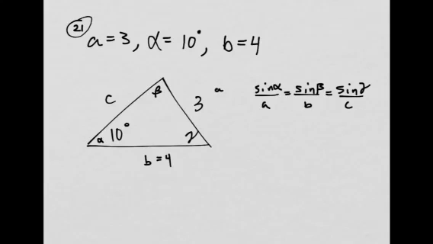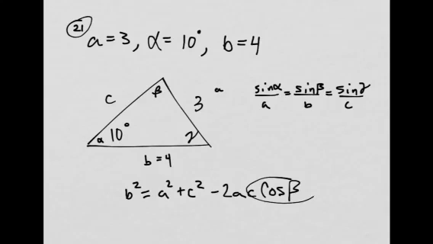So I'd have to use b squared equals a squared plus c squared minus 2ac cosine of beta, and then I'd get this all by itself. However, I don't have c, so this poses a problem. I can't use this version of the law of cosines. I want to find beta, but I can't because I don't have that c value.